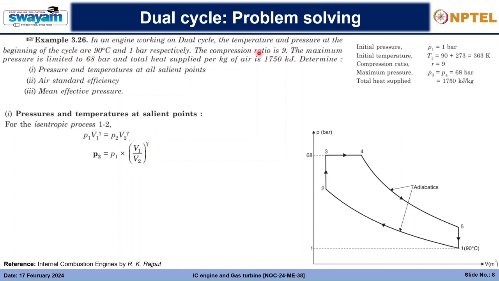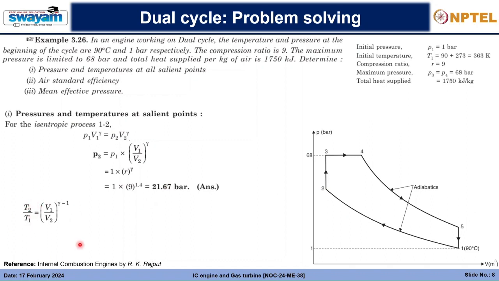Since this is an air standard cycle, so per kg of air, and for air we should always memorize this value. The gamma value is 1.4, which is the ratio of the specific heat at constant pressure divided by the specific heat at constant volume. So accordingly we will plug in the values. So r to the power gamma, so P2 is 21.67 bar. So P2 we got, that is the first part.